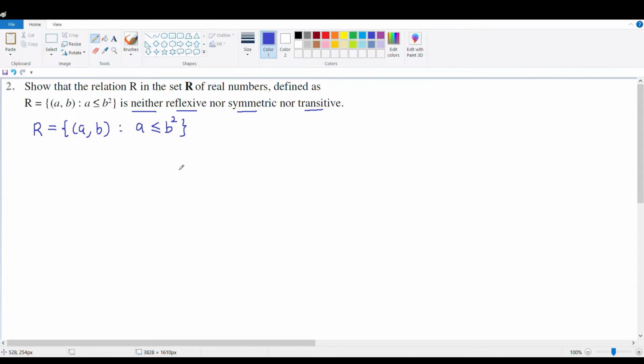Now let's start with reflexive. Since we are supposed to show that it is neither of these things, we cannot actually prove it, we just need to show the counter examples. We just need to show the examples which prove that relation wrong. Okay, so we are going to start with reflexive.